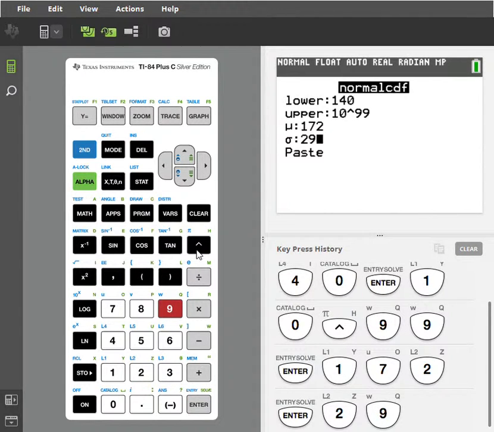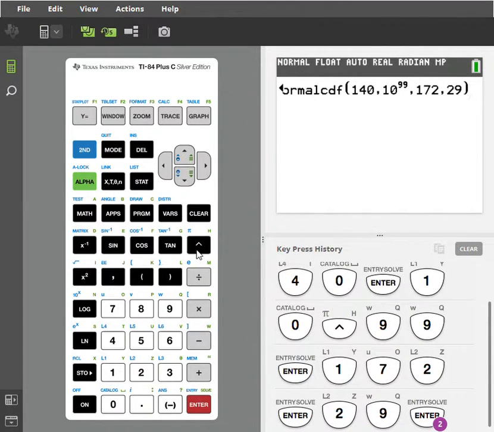Alrighty, go ahead and enter our mean and the standard deviation. Remember, a mean of 172 pounds and a standard deviation of 29. And paste this onto our main screen. Now, if you have one of those calculators that does not prompt you for all the pieces, then in the notes that you will bring to your exam, make sure you write down normalcdf, open parentheses, lower bound, comma, upper bound, comma, mean, comma, standard deviation, close parentheses.